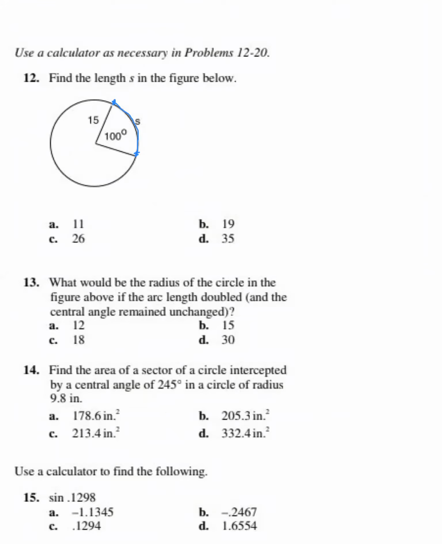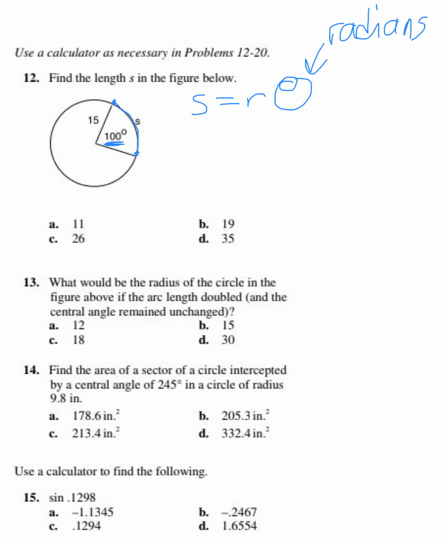The formula to find S is S equals R theta, R being the radius, and theta is your central angle, but it has to be in radians. That's the crucial thing on this one, because they didn't give it to us in radians, they gave it to us in degrees.